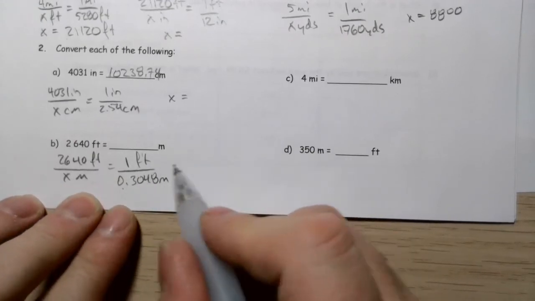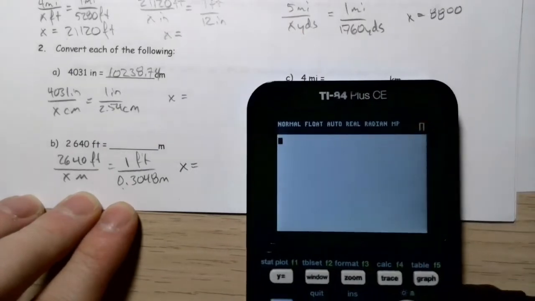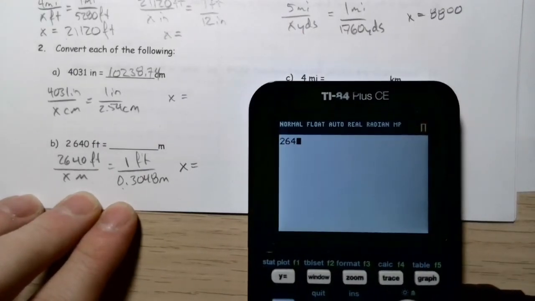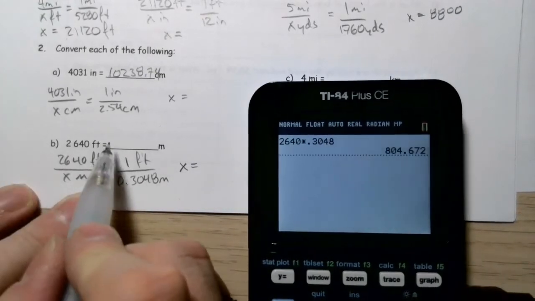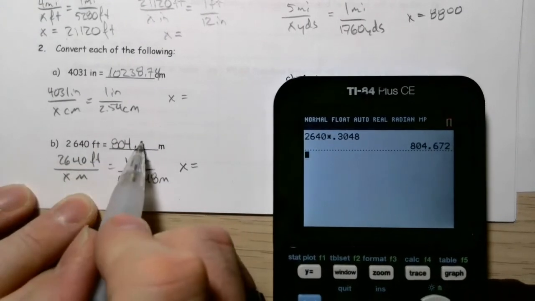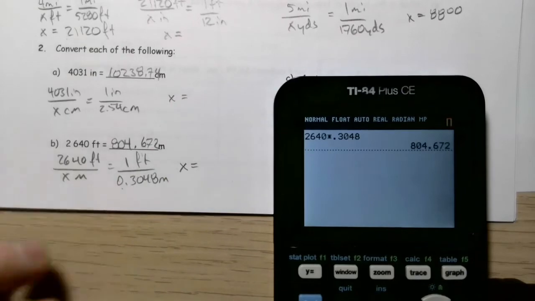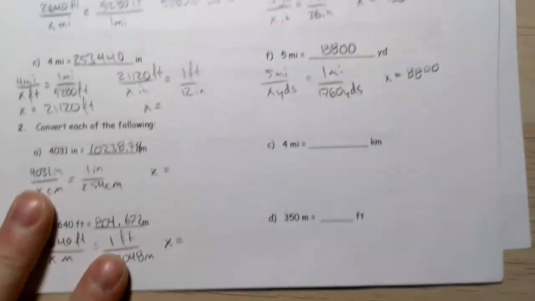And again, I cross multiply. X times 1 is just going to be x. And then it's going to be 2,640 multiplied by 0.3048. And 804.672. I probably don't need to write all those decimals down there, but yeah, why not?